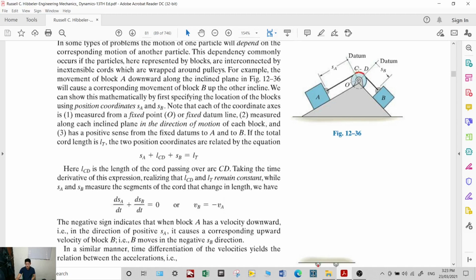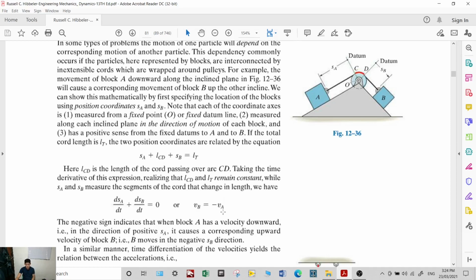It does not change. Therefore, if you differentiate this equation, the derivative of S sub A over dt, plus the derivative of the constant, which is 0, plus the derivative of S sub B with respect to time, is equal to 0 also, because the length of the cord is constant.